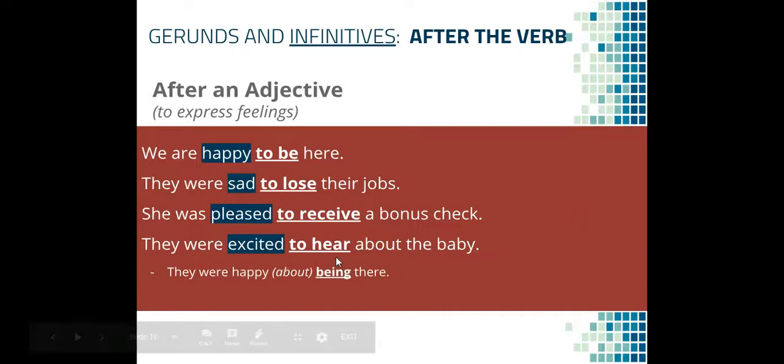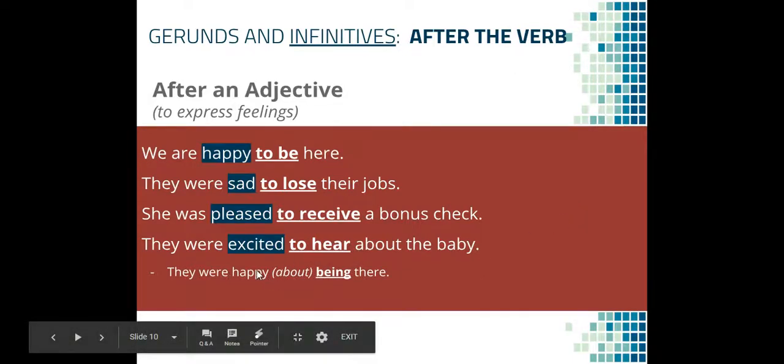Now, you can use a preposition after an emotion, but if you have a preposition, you're going to use ing. So happy about being here. Sad upon losing their jobs, right? So if you put a preposition after that adjective, then you need ing.